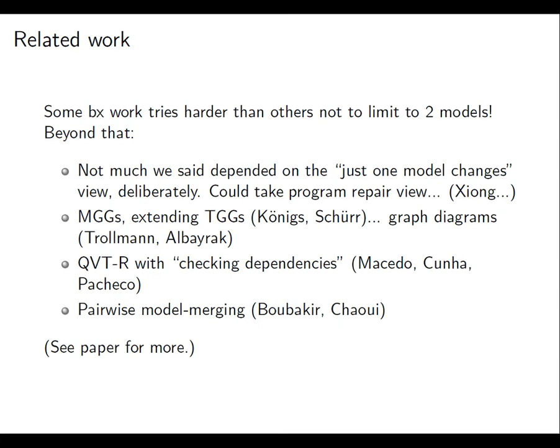A little bit on related work, although obviously see the paper for more detail on this. The point I want to make here is that some of the work that we're building on here that is related gives up some control over how consistency restoration happens. So it, for example, might use a program repair view, or this is quite interesting work that merges models by making a sensible choice of which pair of models to merge first.